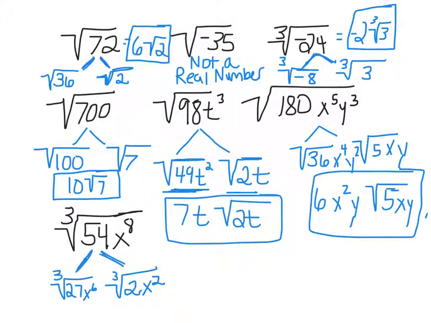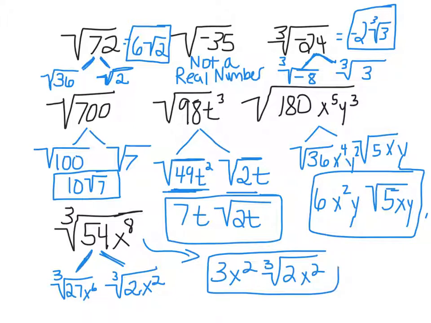So I'm going to take the cube root of the first part. The cube root of 27 is 3. The cube root of x to the 6th is 6 divided by 3 is 2. That's x squared. And then I have the cube root of 2x squared left over. So that is that expression simplified.